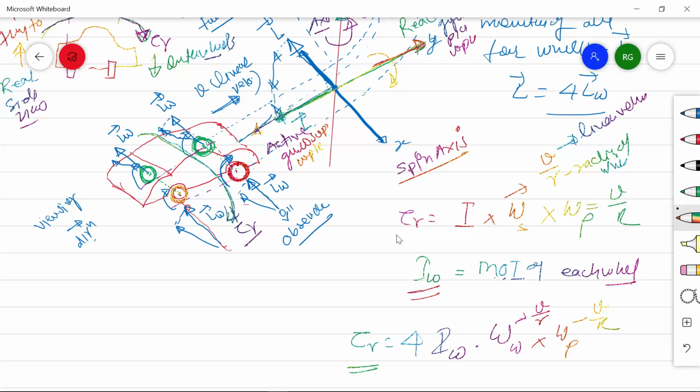Now let's say there is an engine, suppose this is the engine part and this is also rotating in the same sense as the wheels are rotating.